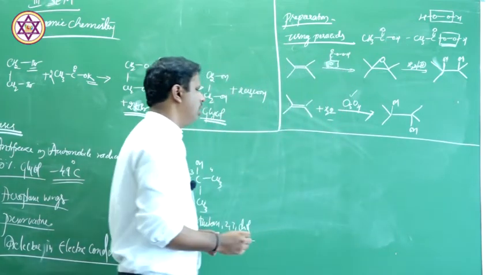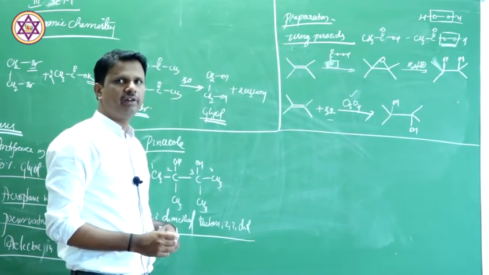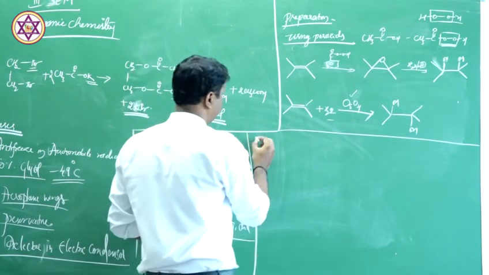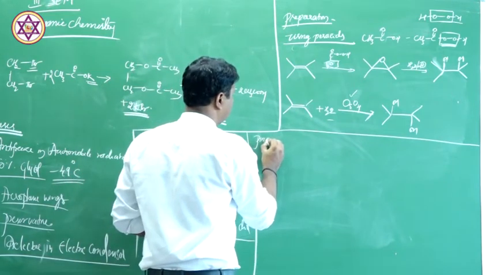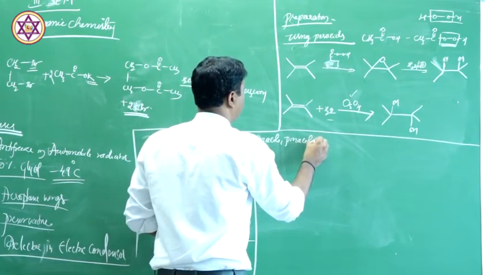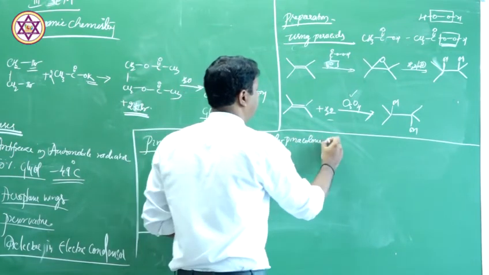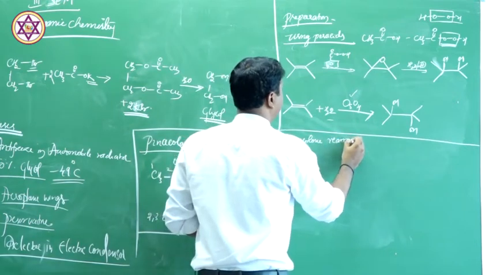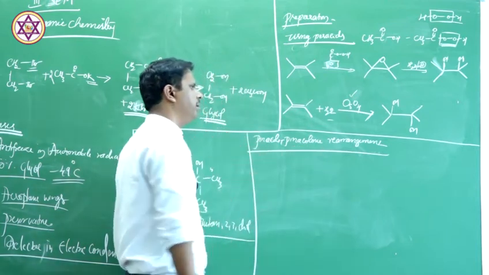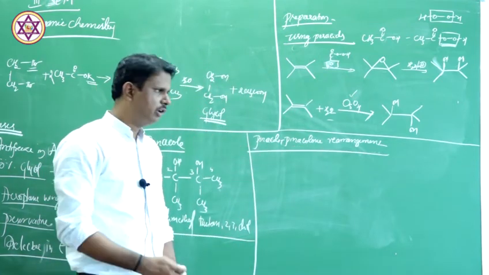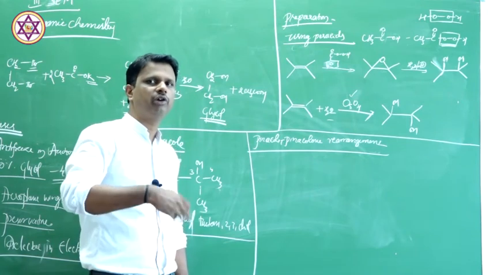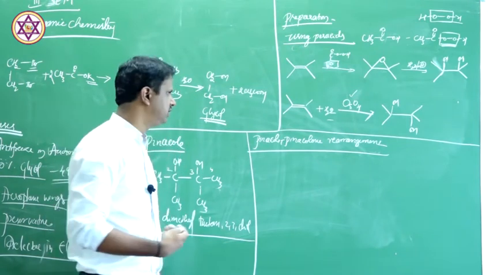Now we'll see the pinacol-pinacolone rearrangement. That is in the syllabus. First I'll write the reaction of this rearrangement, and then we'll try to understand the mechanism in detailed steps.